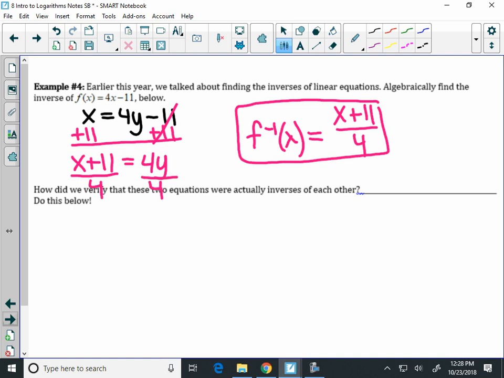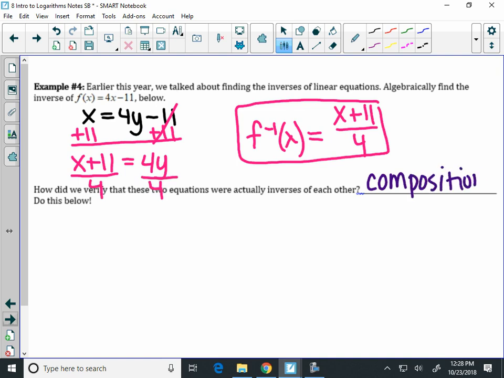We found inverses, and then the question is, how did we verify or prove that f and f inverse were actually inverses? What did we have to do? Do you remember? Not graph it. How do we prove two things were inverses? What had to equal x? Kind of. Remember you had to do composition?